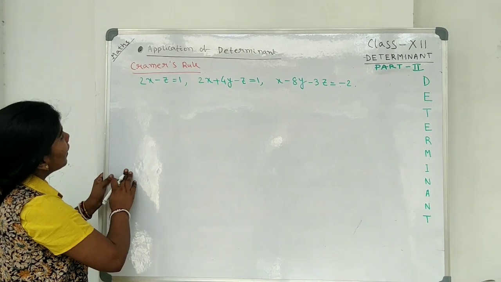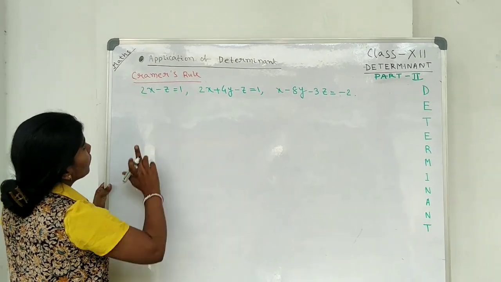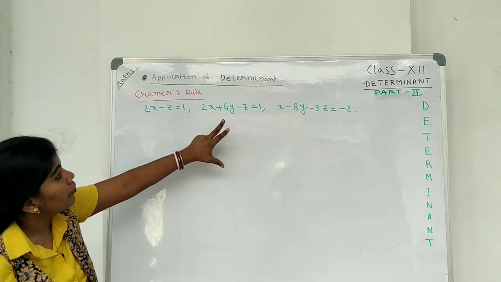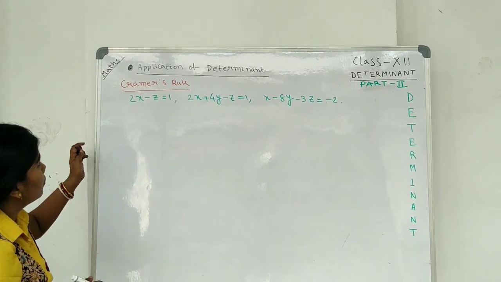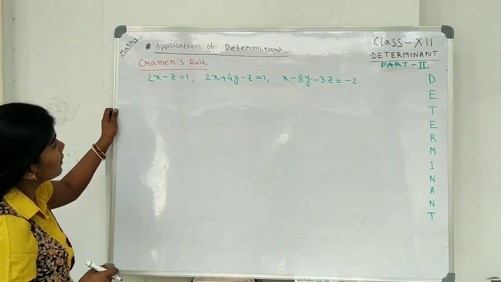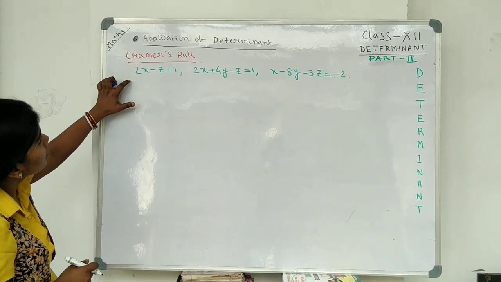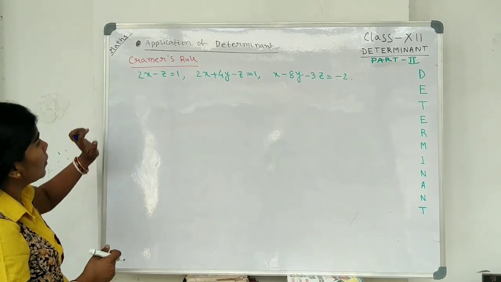Okay, now I am showing one example of Cramer's rule. Look, there is a system of linear simultaneous equations of x, y and z. You have to find the value of x, y and z from this system using Cramer's rule.